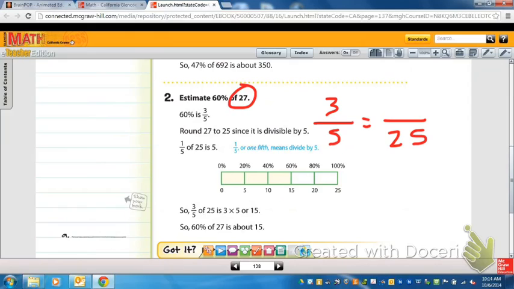So we need to find what times 5 equals 25, which is 5, and 3 times 5 is 15. So 60% of 27 is about 15.